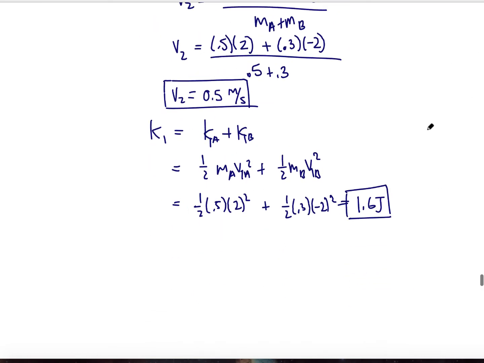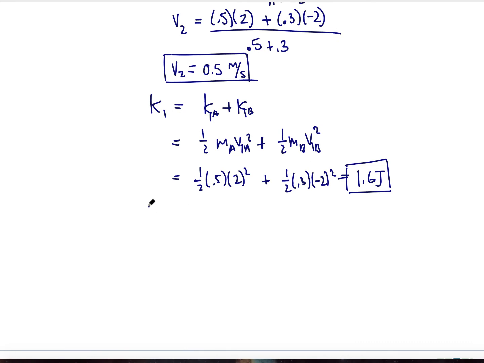Then, to talk about K2, we have simply the total mass, so mass A plus mass B, times their common velocity of 0.5 squared. So this is a lot easier to do.